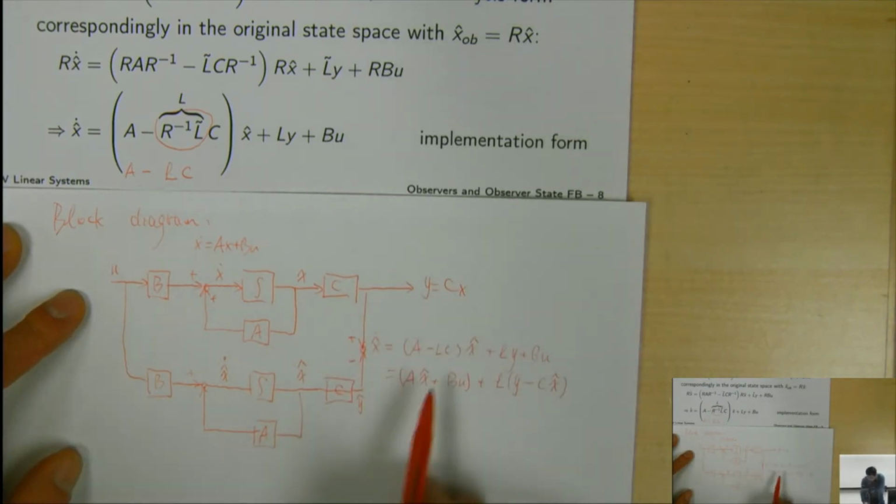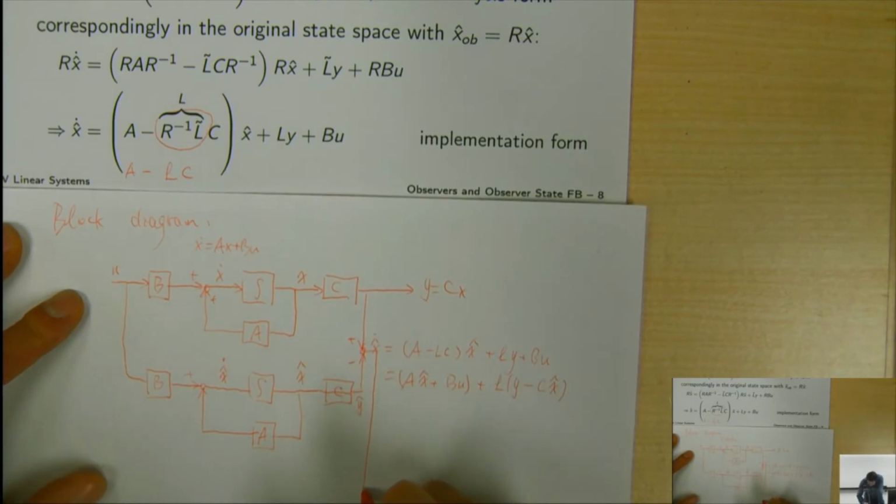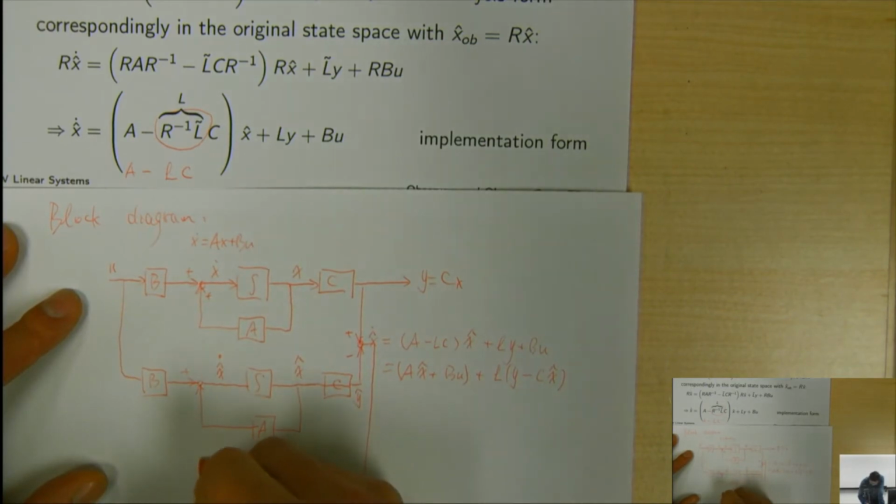All right, so it's plus this difference multiplying L and then go into this summation.